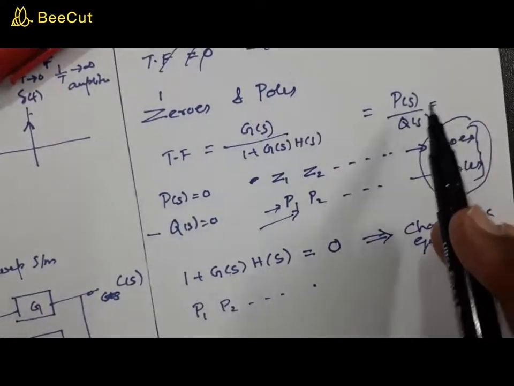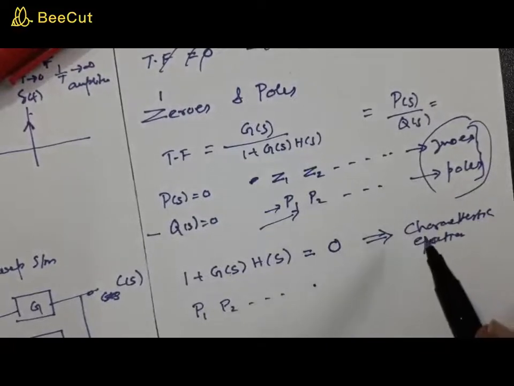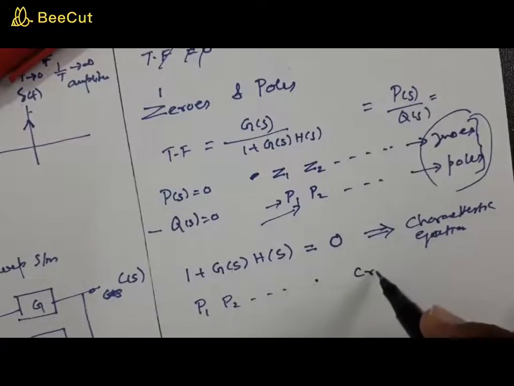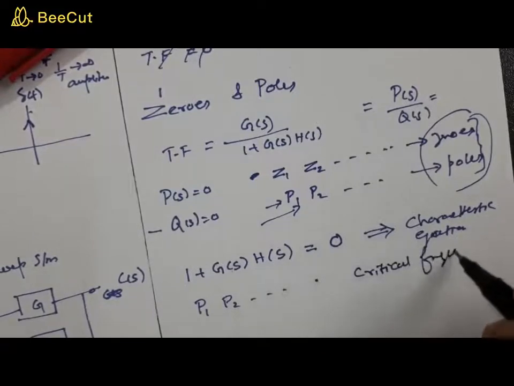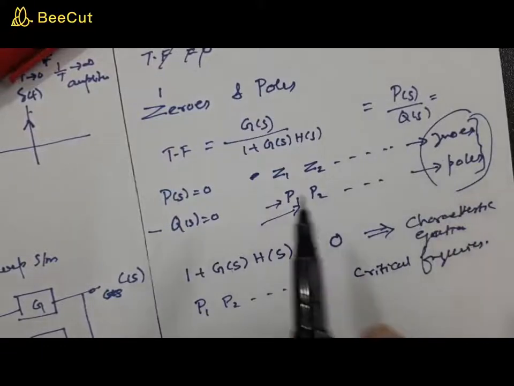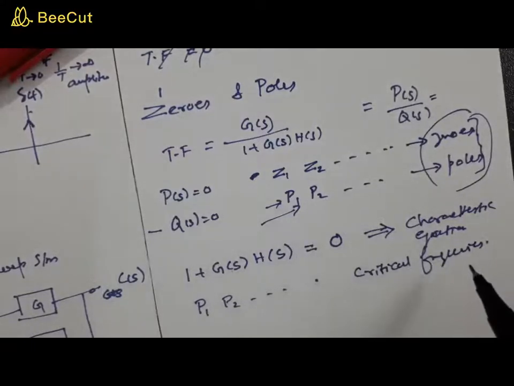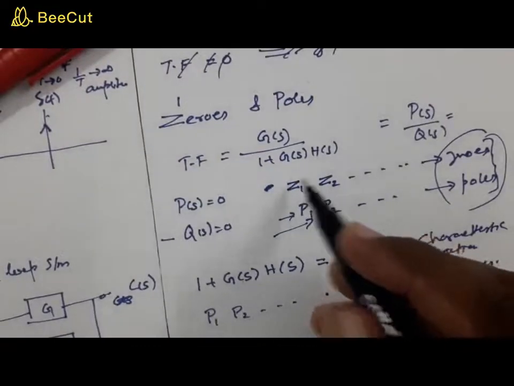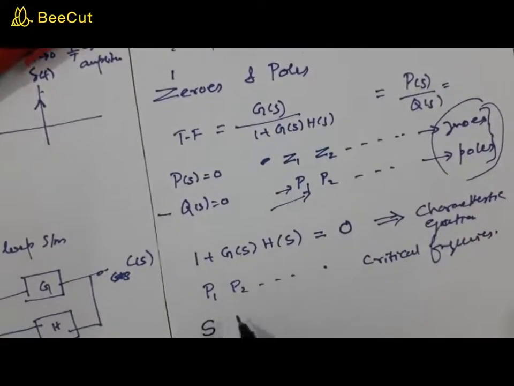Similarly, when you equate P of S to 0, you will get Z1, Z2, etc. These poles and zeros are generally called the critical frequencies. They are called critical frequencies because they are values of S. Why is it called a frequency? Because these Z1, Z2 or P1, P2 are the values that you obtain for the S variable.